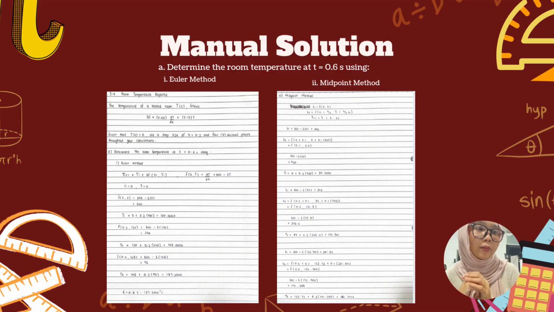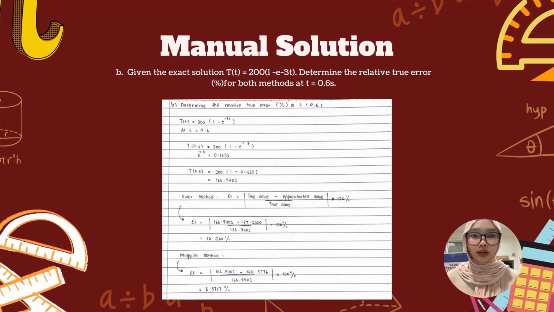The midpoint slope is equal to 600 minus 3, so the answer is 160.9776 Celsius.